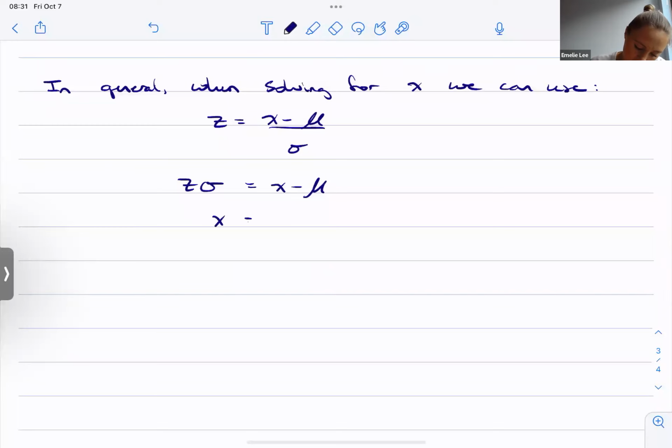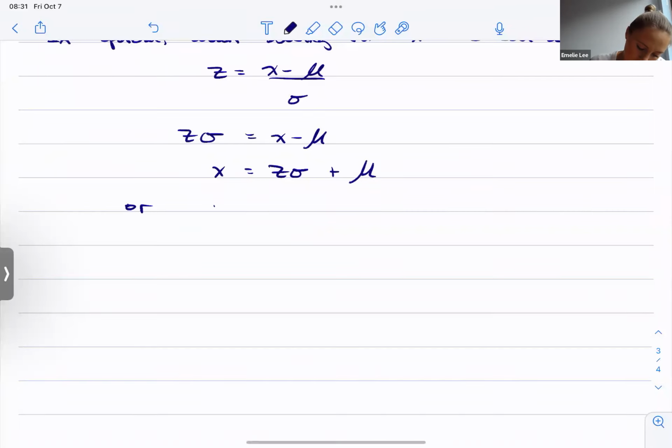So then x must be, usually I write the mu first, mu plus z sigma.